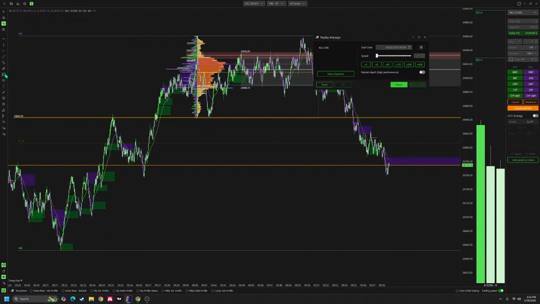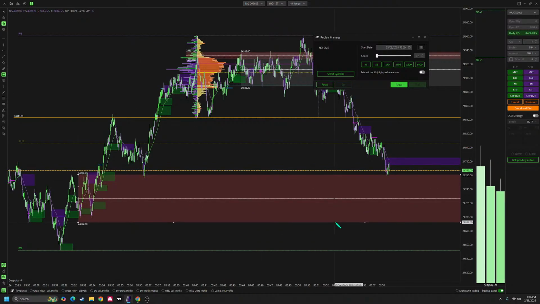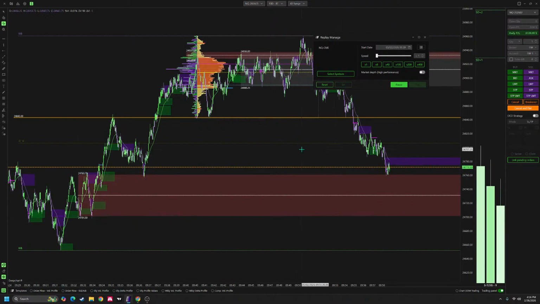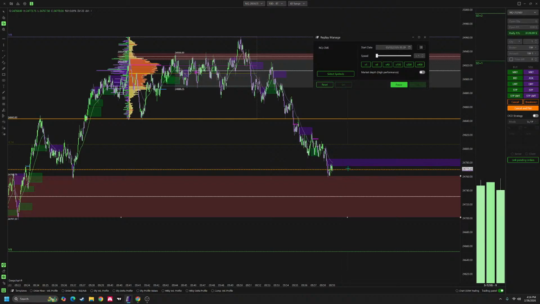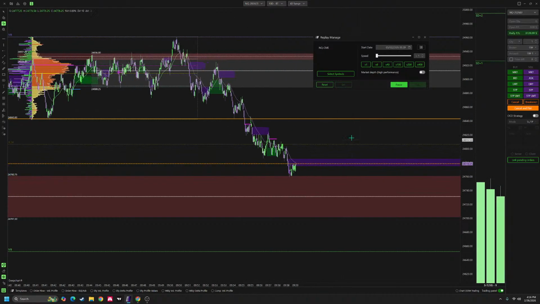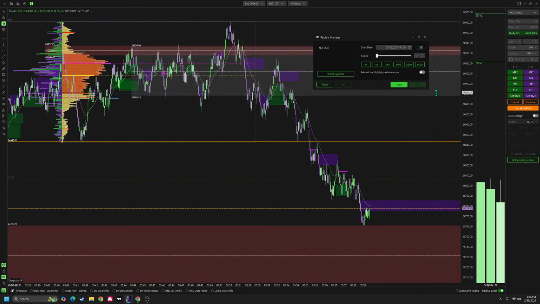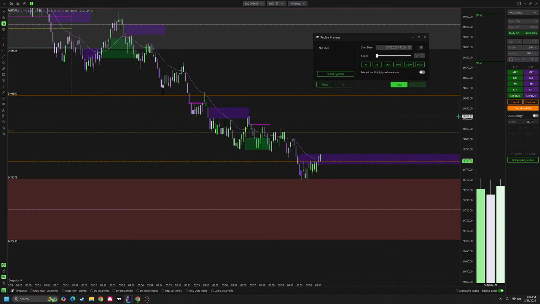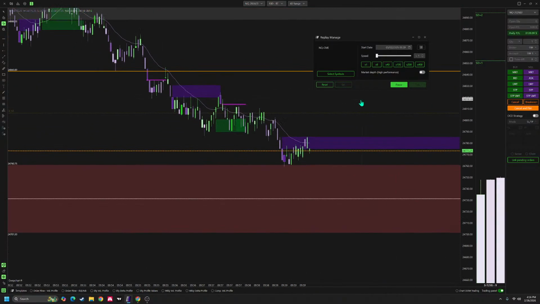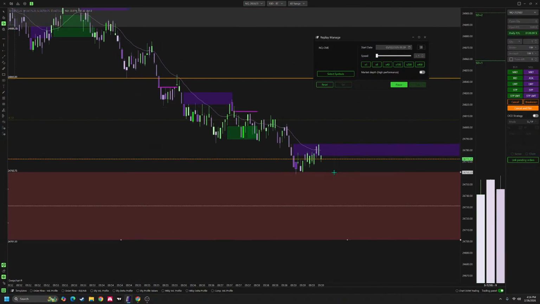Now we did have an area of a lot of previous buying pressure around here, so even higher. I would anticipate when we rotate back up, if we can see it, we may be able to redeem ourselves here.